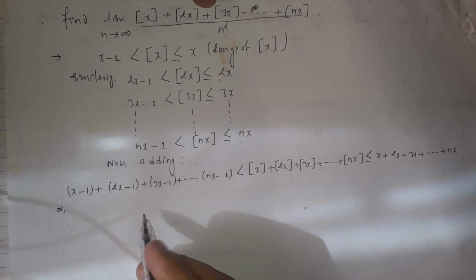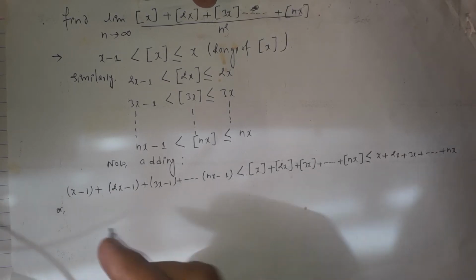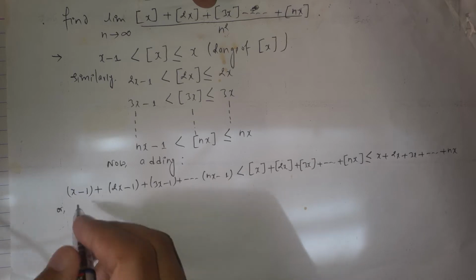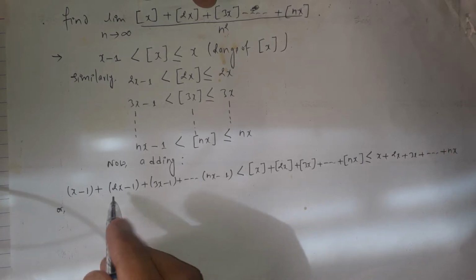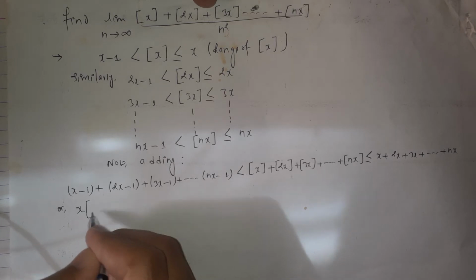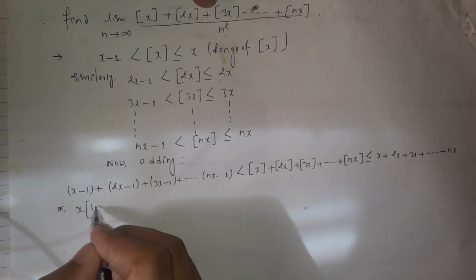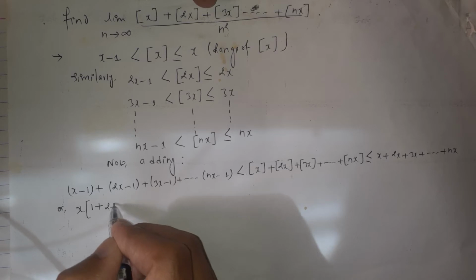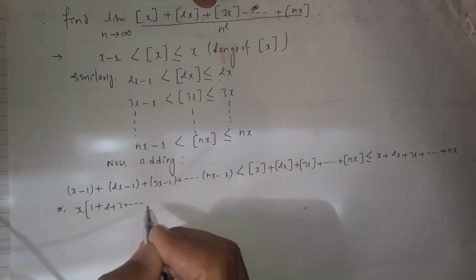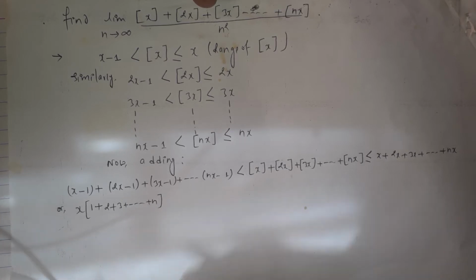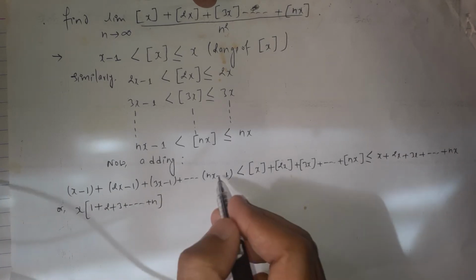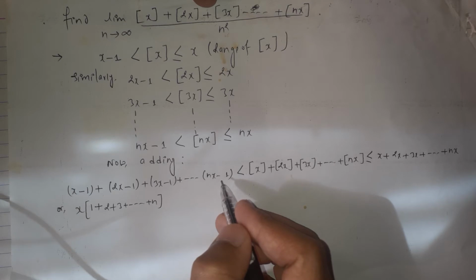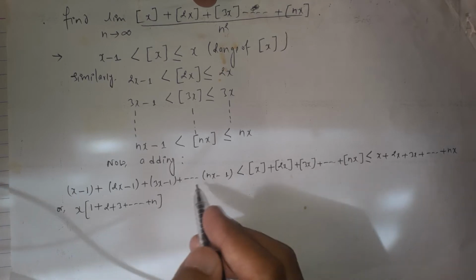Let's collect these terms. In x plus 2x plus 3x, let's take x as common, and here will be 1 plus 2 plus 3 and so on up to n. And similarly here the negative 1, n times.